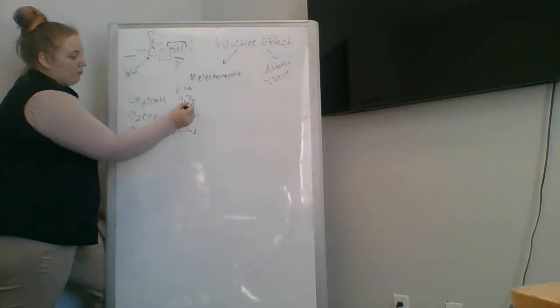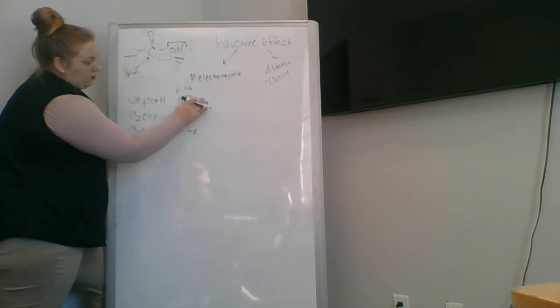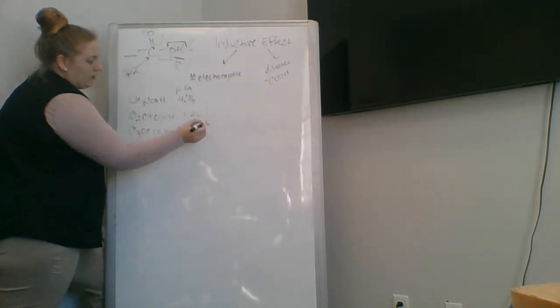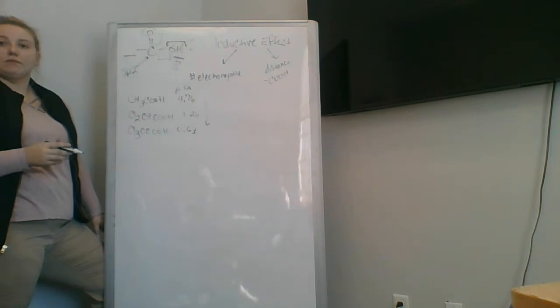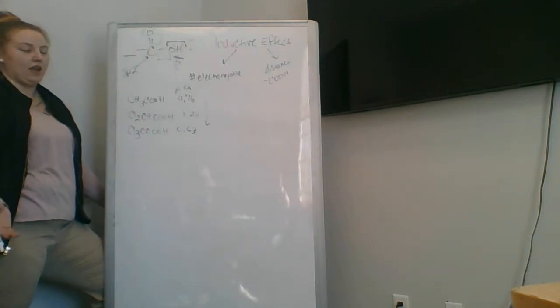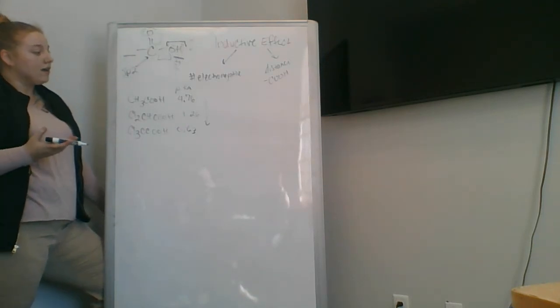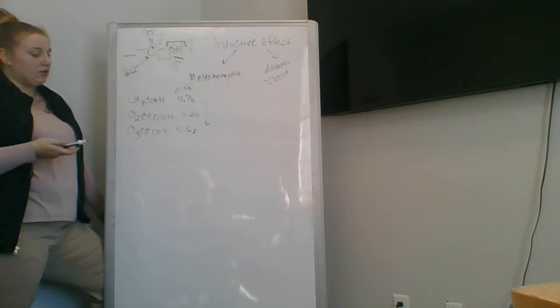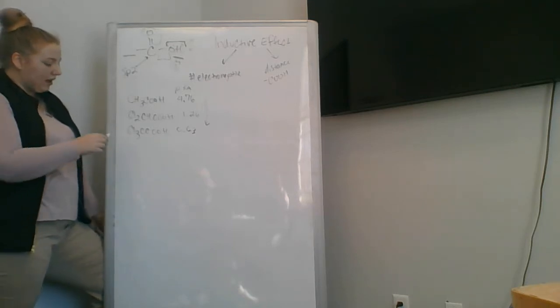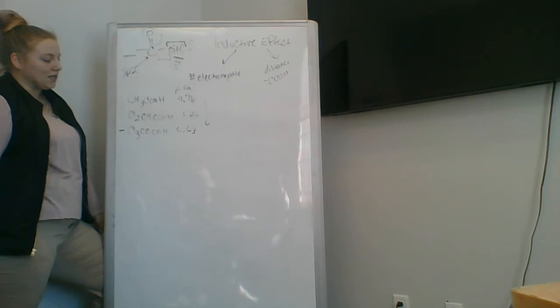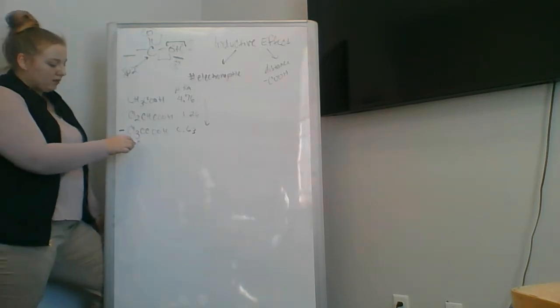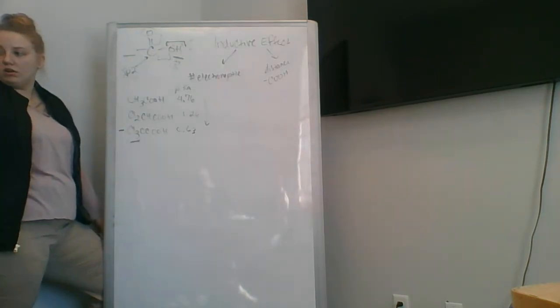So we see a really dramatic decrease in pKa, okay? And we talked about the fact that pKa and acidity or strength is inversely related. So the lower the pKa, the stronger the acid. So this would be considered the strongest acid in this group because it has the most electronegative groups.